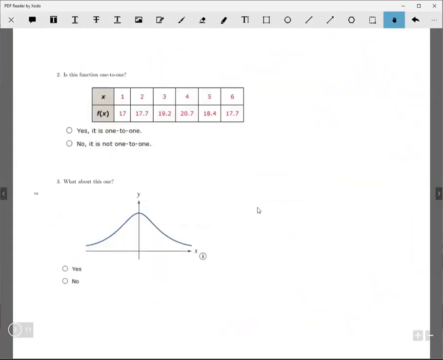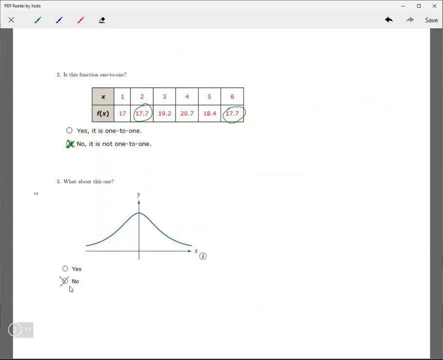Number 2. Remember, a function can be determined with a table, and this function here is not one-to-one because these two values are taken on with different numbers in the domain.